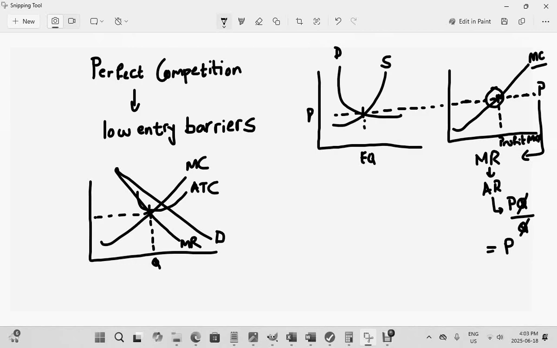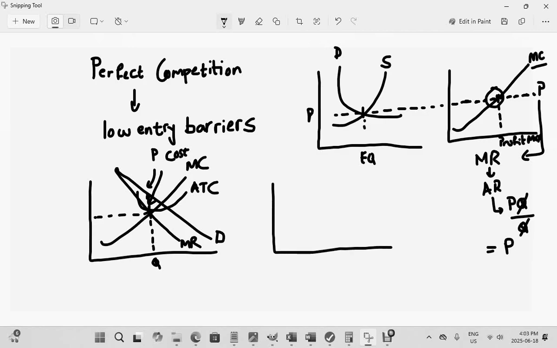Right where this quantity intersects ATC, or average total cost, will be your cost of the product. And further up, right where this quantity intersects the demand will be your price.